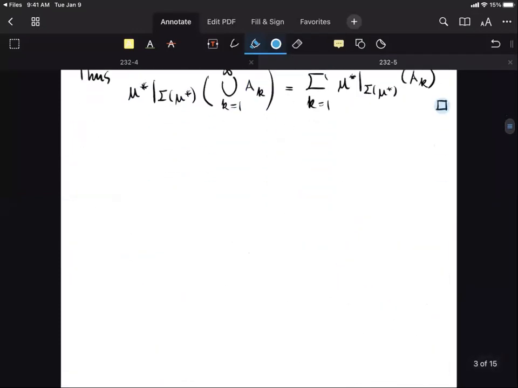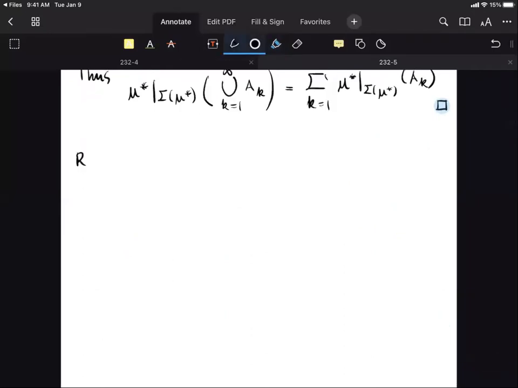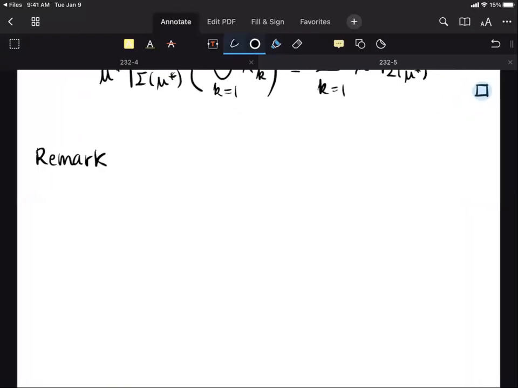Before we proceed, I just want to point out that if the outer measure of a set is 0, then that set must be measurable.